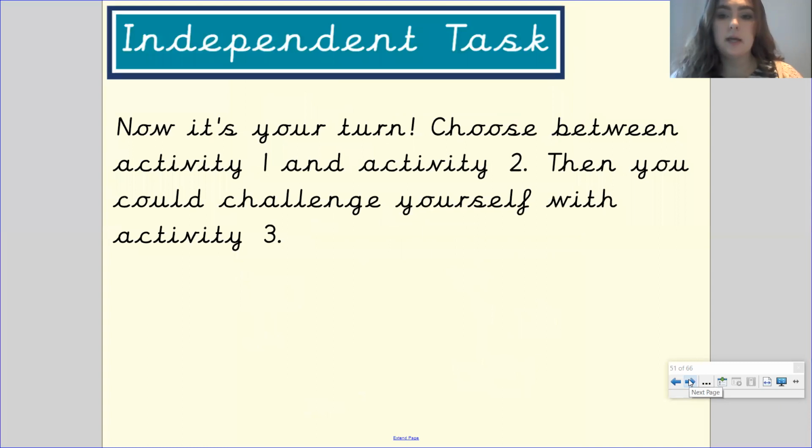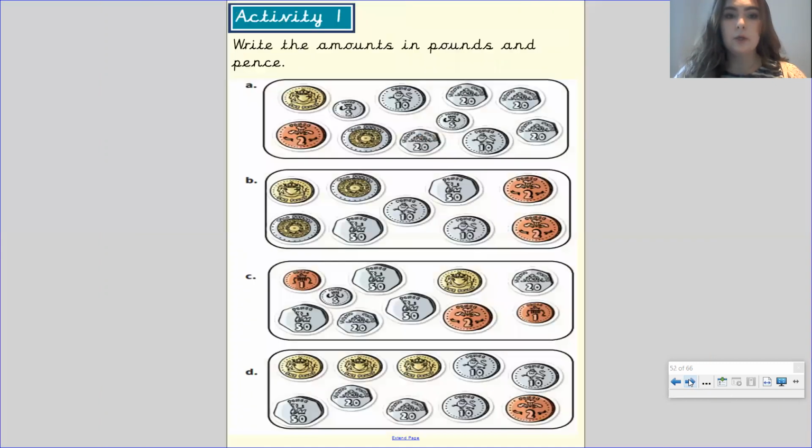Okay, now it's your turn. I want you to choose between activity 1 and activity 2, and then challenge yourself with activity 3 if you want to push yourself even more. So activity 1, you need to write the amounts in pounds and pence. Please make sure you're not using a decimal point. You need to write pounds and pence. We're not using decimal points at this very moment in time.